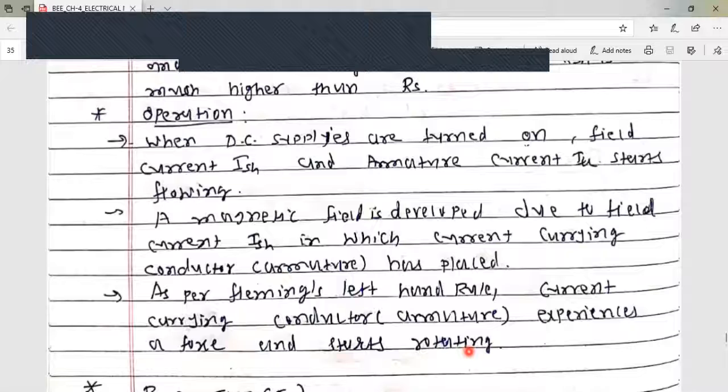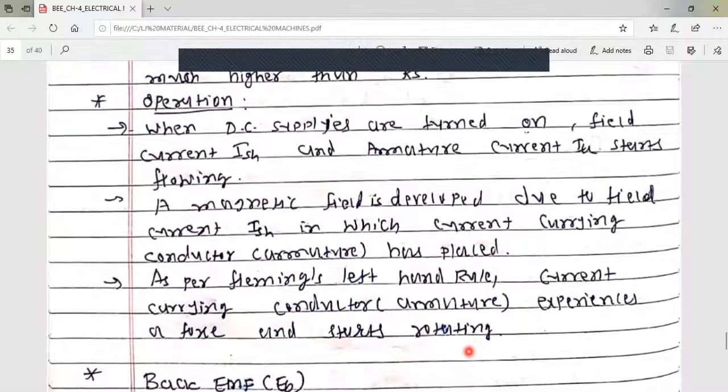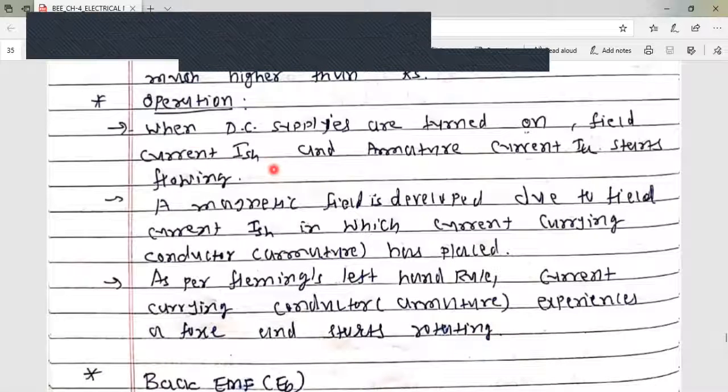Finally, the armature starts rotating. It is easy to understand after the discussion of the principle of DC motor. So keep in mind that when we apply supply to the field winding, it produces a magnetic field, and the armature placed in it experiences force and starts to rotate.